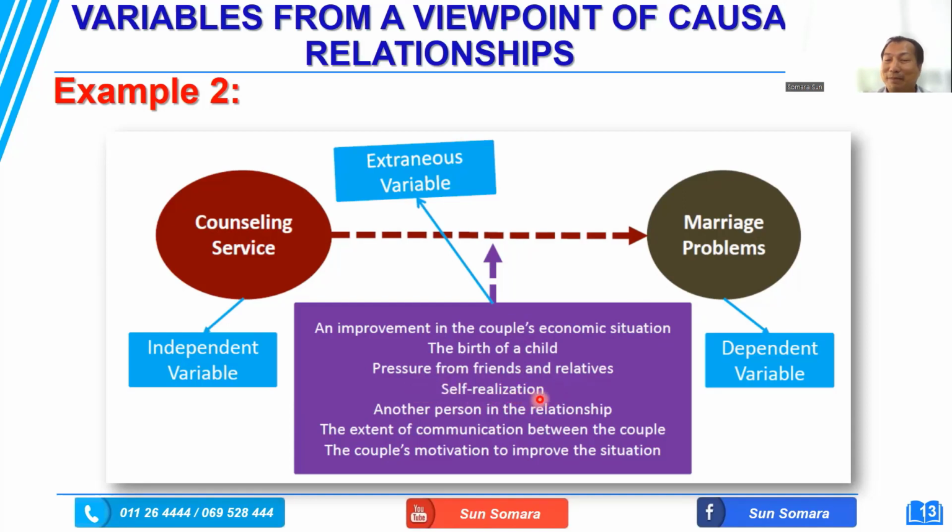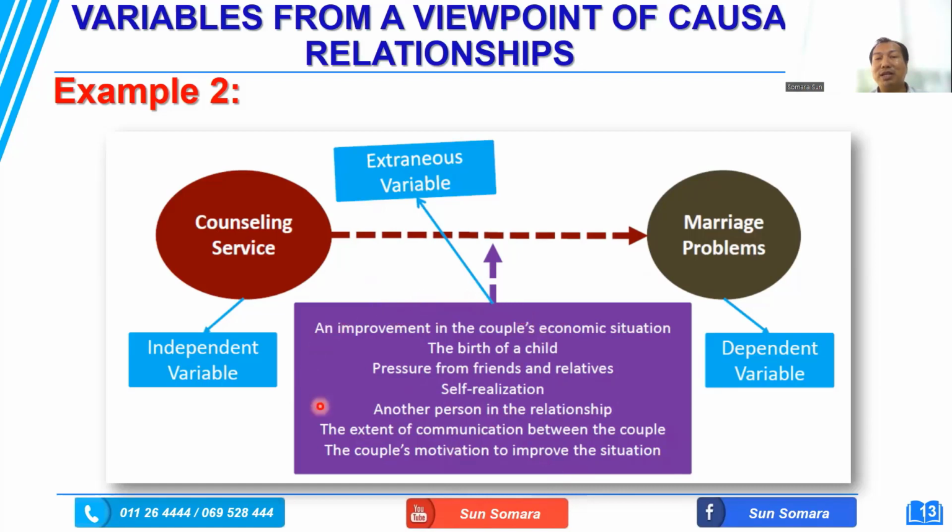That is also a problem. Another person in the relationship, like a third party, comes in and may challenge some part. The extent of communication between the couple is also something. The couple's motivation to improve the situation is also something.